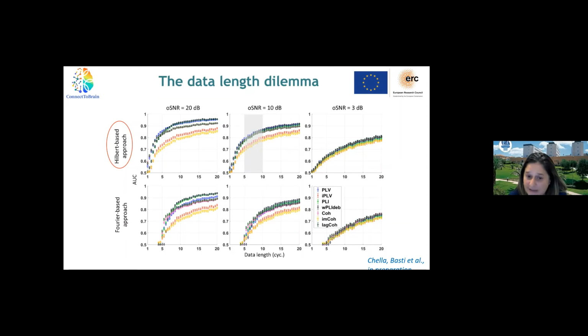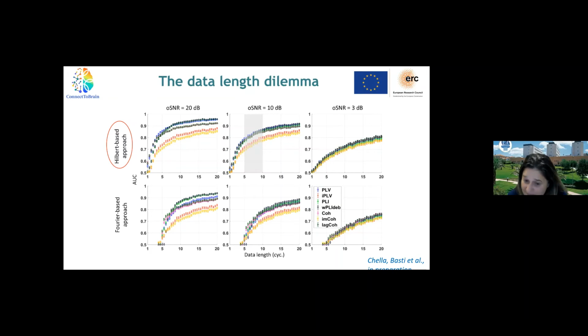So this means that if the oscillation that we want to study in terms of coupling is, for instance, the mu rhythm or the alpha rhythm that we were talking about before, which is 10 Hz, then the length of the time window that we will need in order to reliably assess functional connectivity is something between 500 milliseconds and 1 second.